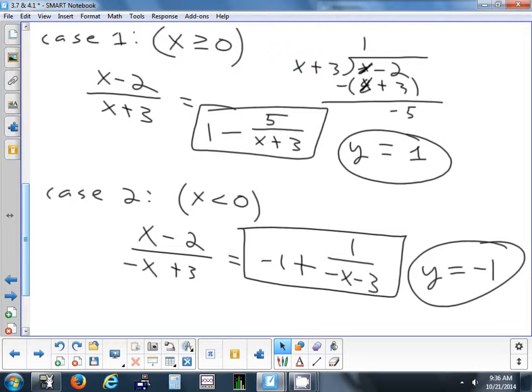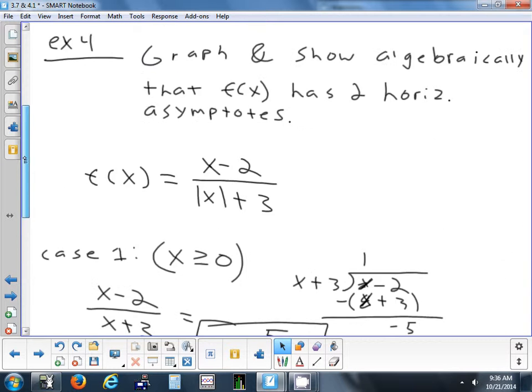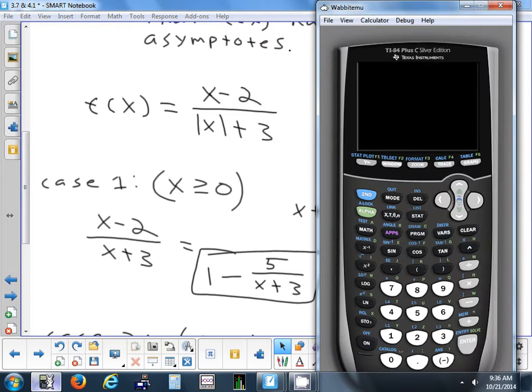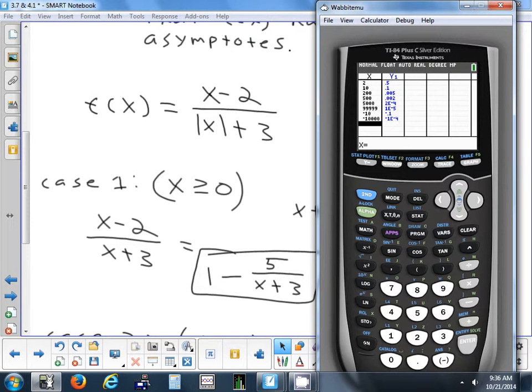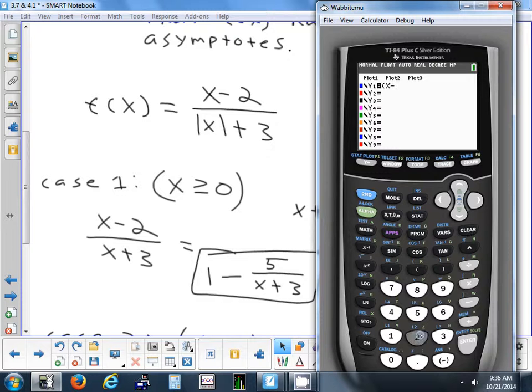Okay, so when we graph this function, there should be 2 asymptotes. Let's try to type it in and see what we got. So we have x minus 2 divided by the absolute value of x plus 3.